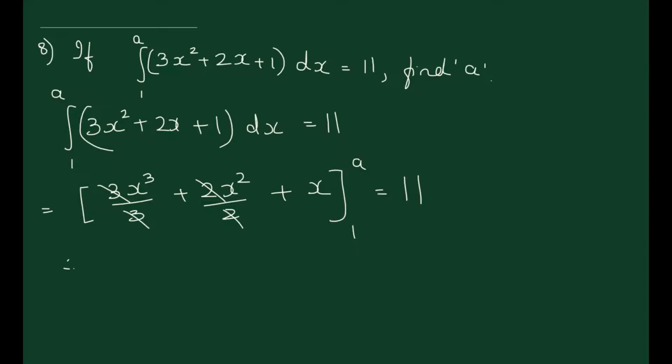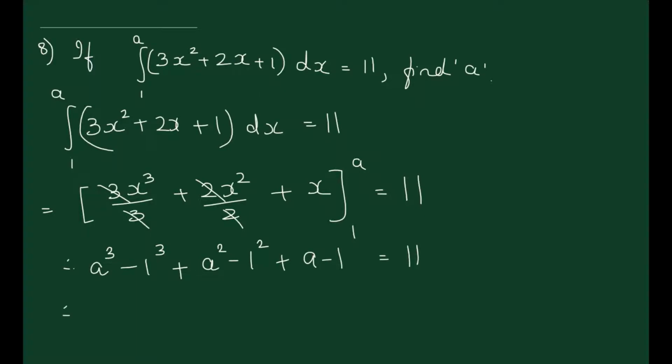The upper limit of integration gives a cube, wherever x is there we put a, so a cube plus a square plus a. We can even do it this way, or by the method which I showed you in the previous sum. That is, a cube minus 1 cube, putting the upper limit and the lower limit everywhere, plus a square minus 1 square plus a minus 1 is equal to 11.